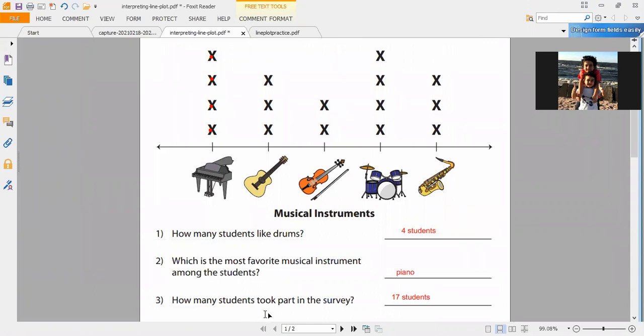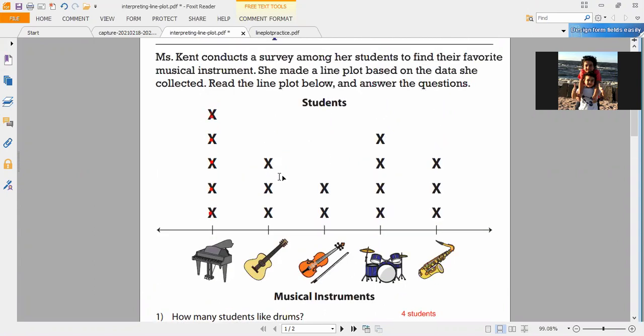How many students took part in the survey means how many students in all voted in this survey. So we will count the total number of these plots: 1, 2, 3, 4, 5, 6, 7, 8, 9, 10, 11, 12, 13, 14, 15, 16, and 17.